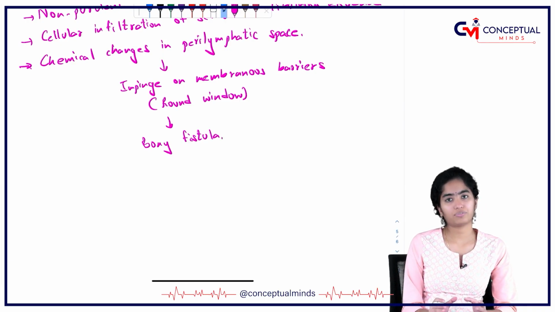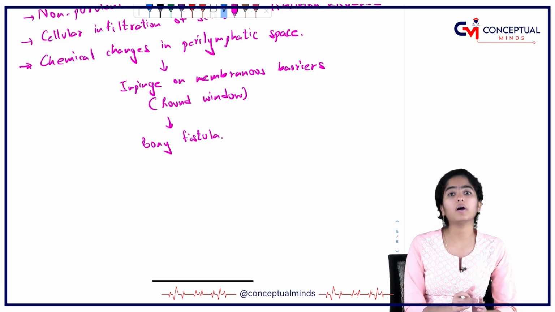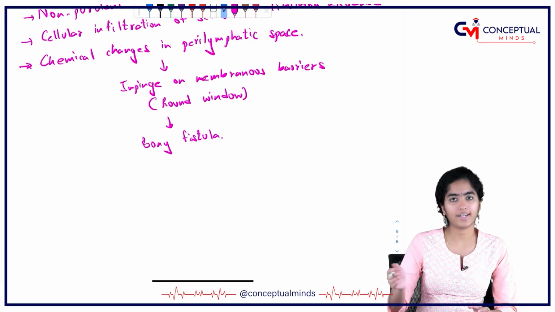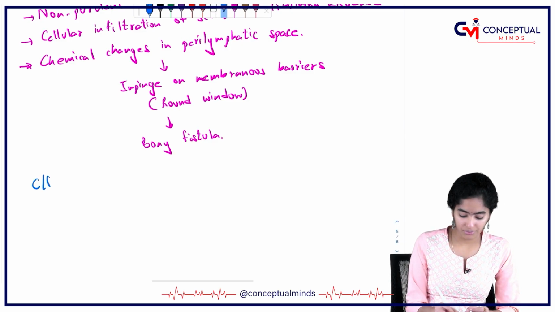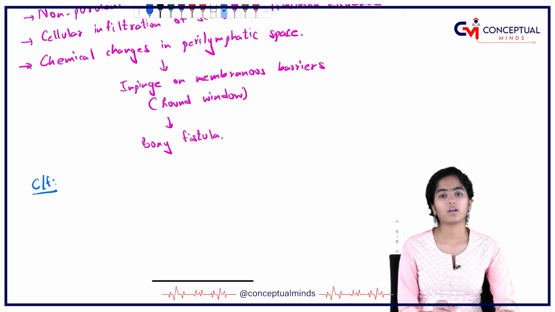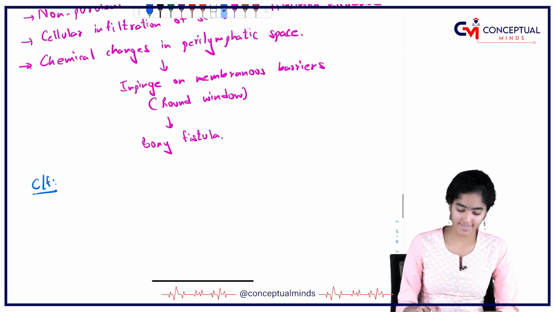Is the pathology of diffuse serous labyrinthitis clear? There is non-purulent inflammation and chemical toxic changes are occurring in the perilymphatic space, and they are spreading onto membranous barriers and later causing bony erosion. Now let us look at the clinical features. Here also the patient complains of vertigo and nausea in mild cases.